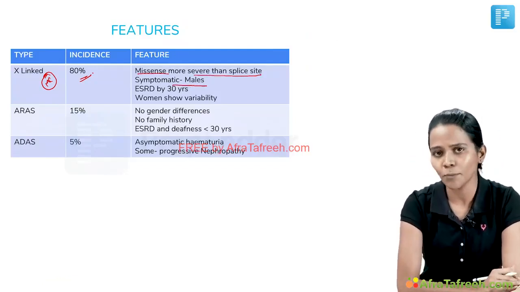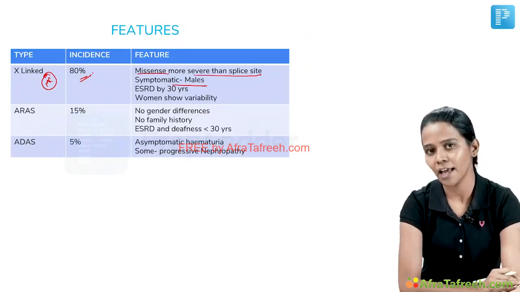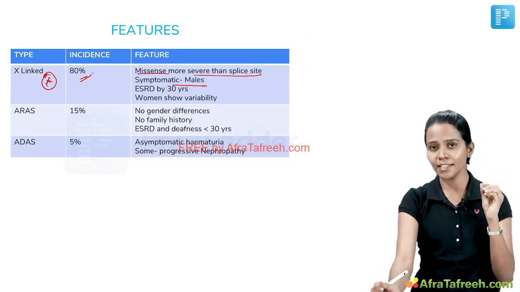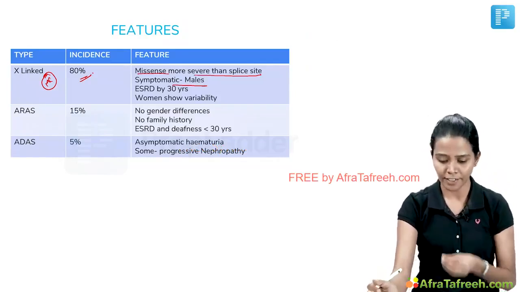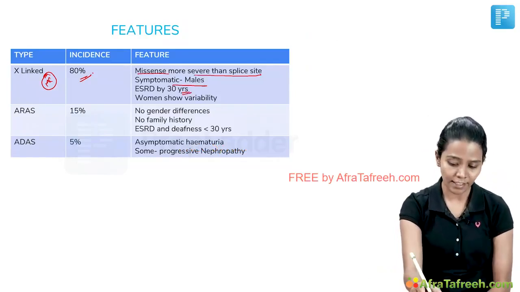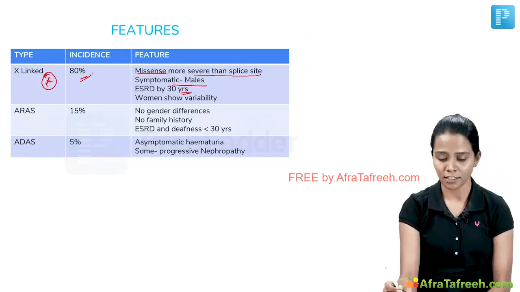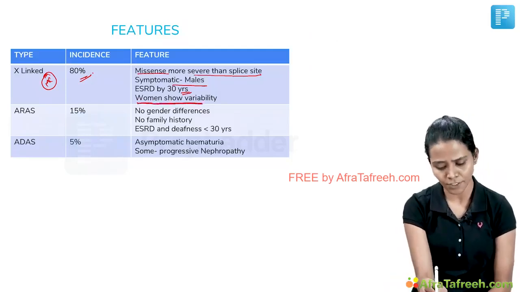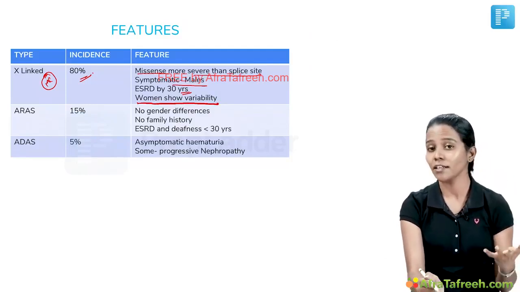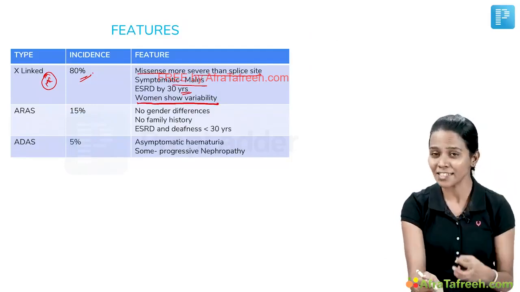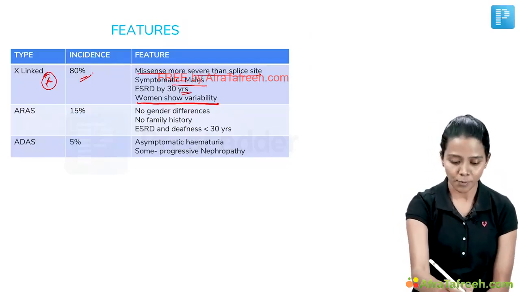Males are symptomatic and more affected because they have only one X sex chromosome. So, they are going to be more severely affected and they reach ESRD, that is end stage renal disease, by 30 years. In females, there is much variability of presentation, okay, and ESRD, if at all occurring, occurs much later in much lesser number of people. So, this is about X-linked.